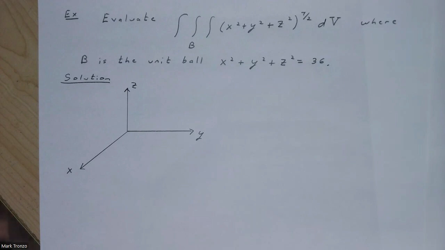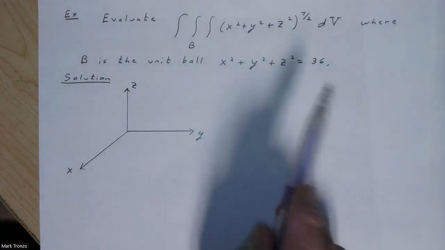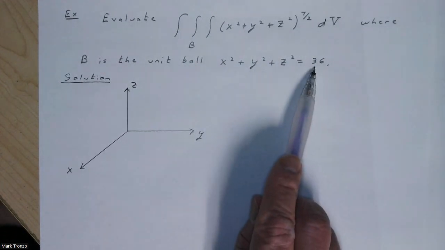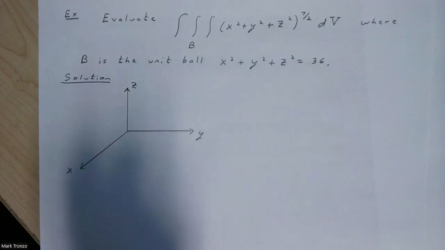We're asked to evaluate this triple integral, x squared plus y squared plus z squared to the 7/2, and we're integrating over the unit ball x squared plus y squared plus z squared equals 36. Now, obviously, this is a sphere centered at the origin of radius 6, because this is the same as 6 squared.